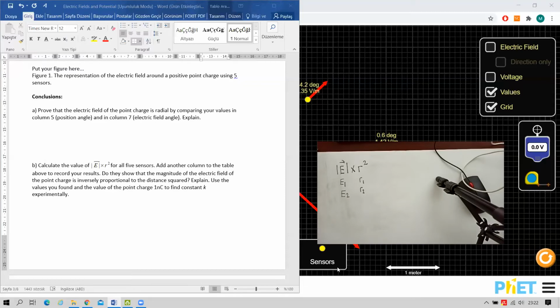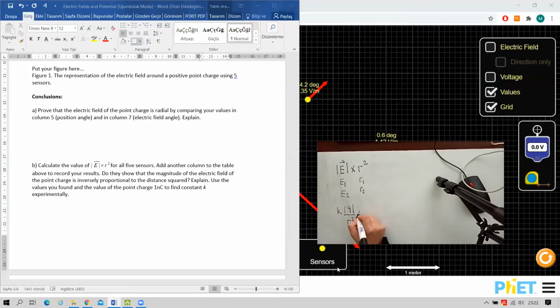Let's look at this value clearly. This is the strength of E. This E is K times source charge Q divided by R squared.